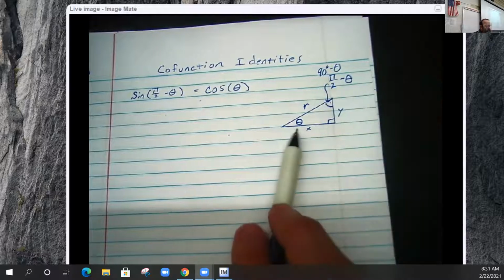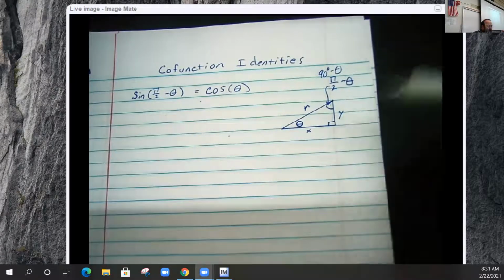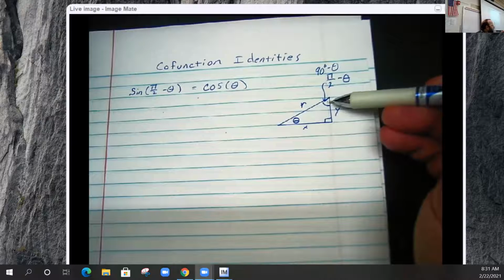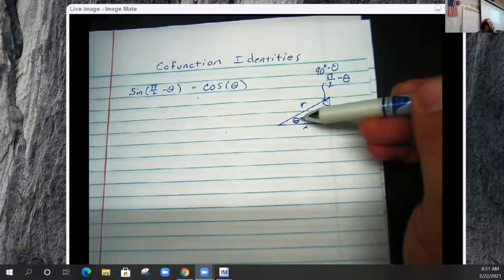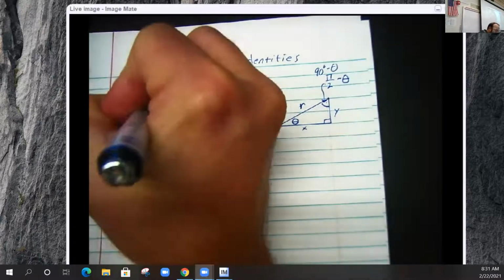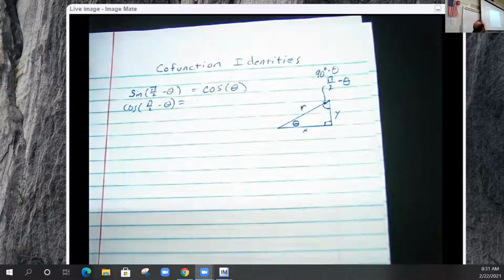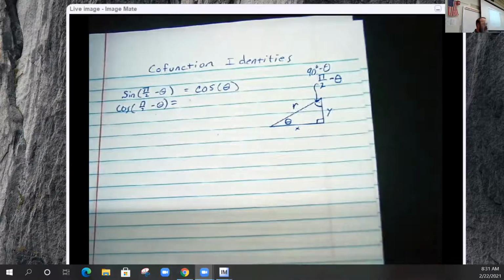Let's look at this angle. What is the cosine of theta? Plain old theta. X over r. So you see how the sine of this top angle is the same as the cosine of the bottom angle? So let's try this. What would be the cosine of pi over 2 minus theta? Can you tell me what is another way of saying the same thing?